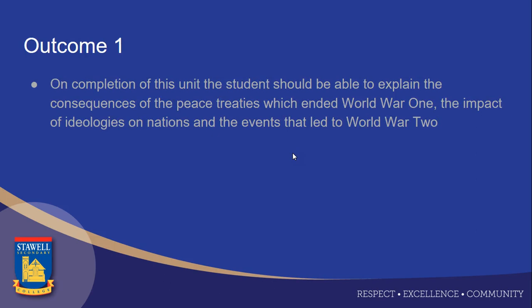So, on completion of this unit, you should be able to outline the features of a post-World War I world, such as the peace treaties, the redrawing of borders, reparations and loss of territories. You should be able to outline the ideologies and movements of fascism and Nazism.